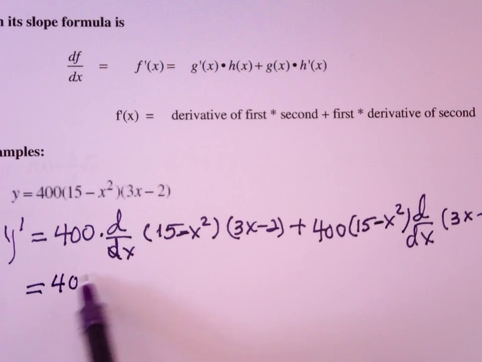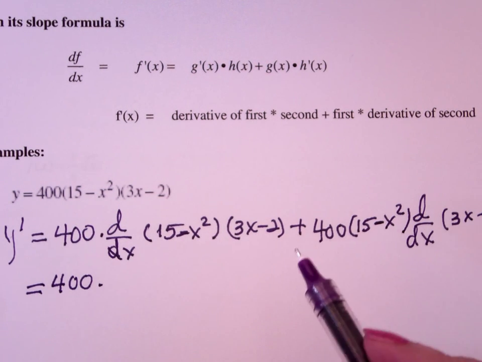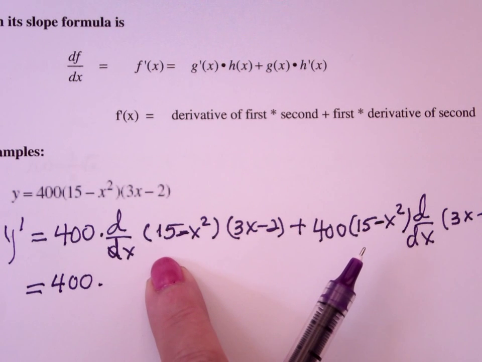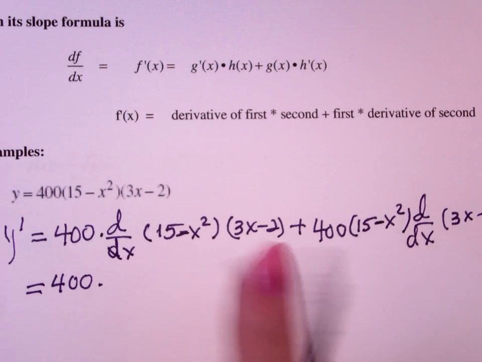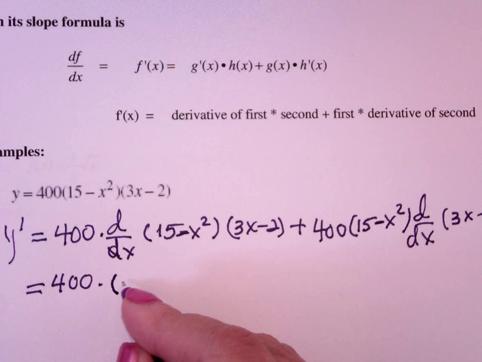It's 400 times the derivative of 15 minus x squared, which is what? 15 is a constant. The derivative of a constant is 0. In fact, let me put the 0 in.